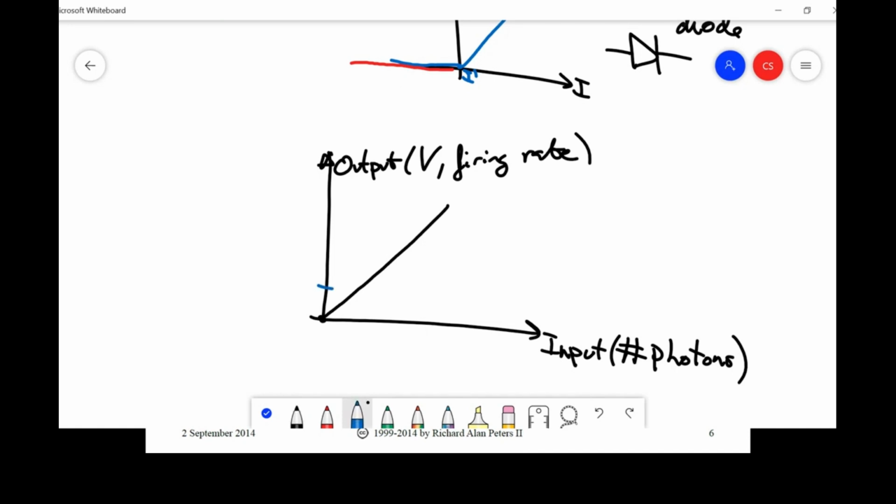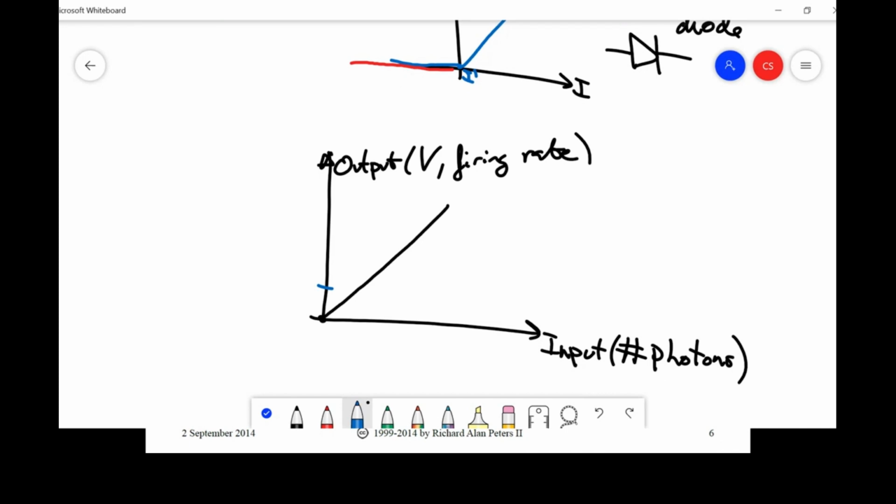Neurons are all the time firing, independently of whether they receive any input or not, only that the basal firing rate is very low. And the same happens with cameras. They always have leakage currents and so on.